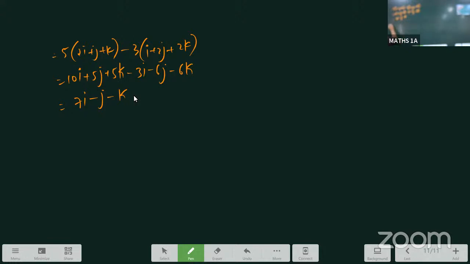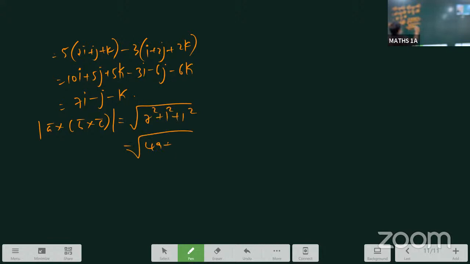Okay. Now what is it asking? A bar cross B bar. Now that is under root of 7 square plus 1 square plus 1 square. That is 49 plus 1 plus 1. It is root 52. Is it clear?